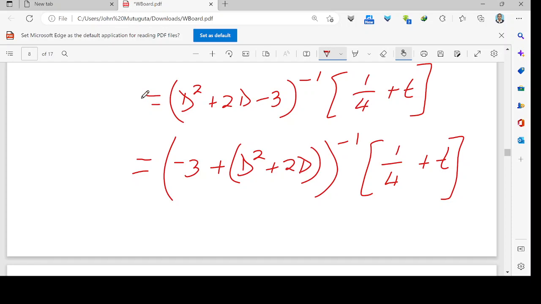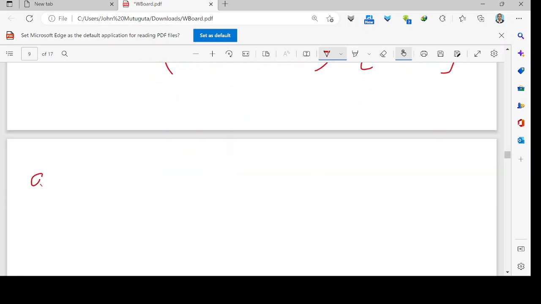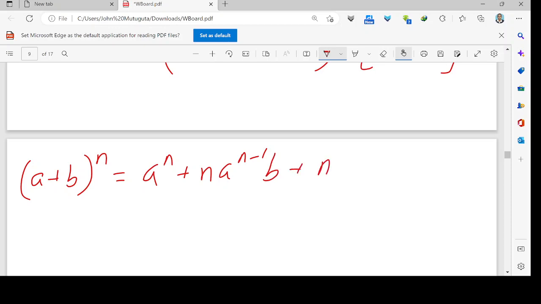If you apply the binomial theorem, remember the binomial theorem, when you have a plus b raised to the power of n, we get a raised to power n plus n times a raised to power n minus 1 times b plus n times n minus 1 divided by factorial 2 times a raised to power n minus 2, then b raised to power 2, and so on.